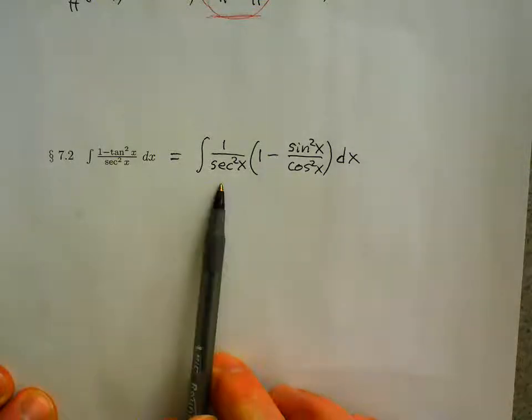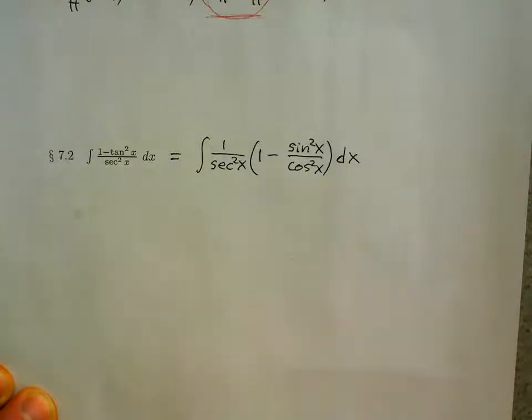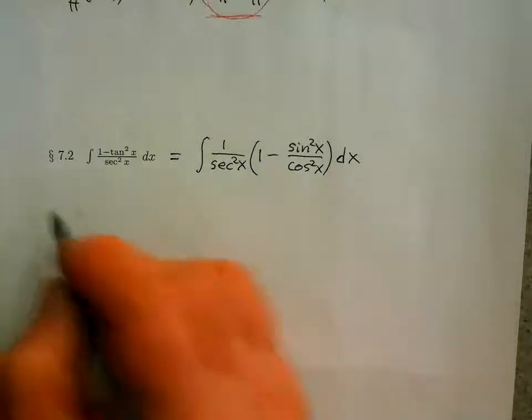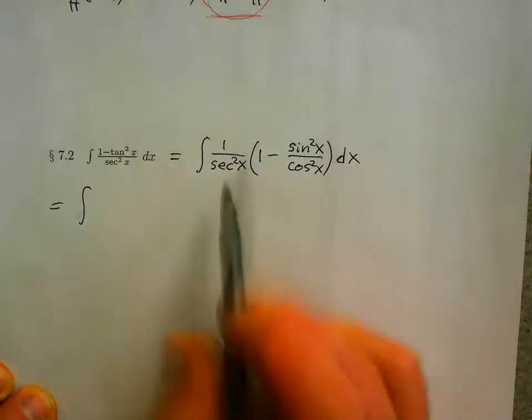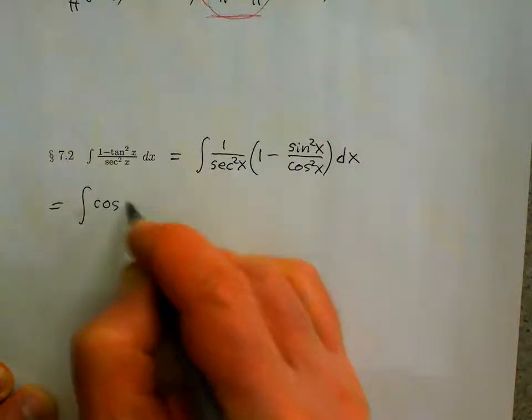Then I'm going to replace 1 over secant of x squared with cosine of x squared, right? Because secant is the reciprocal of cosine. So 1 over secant of x squared is equivalent to cosine of x squared.